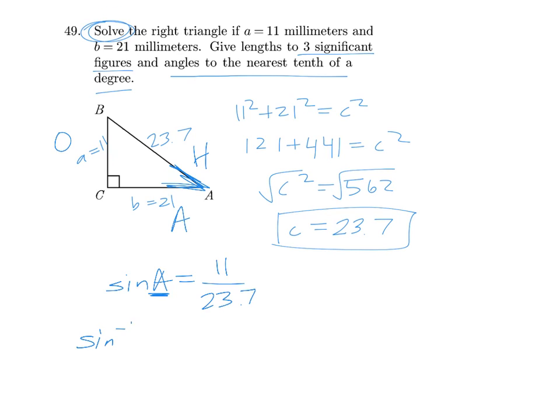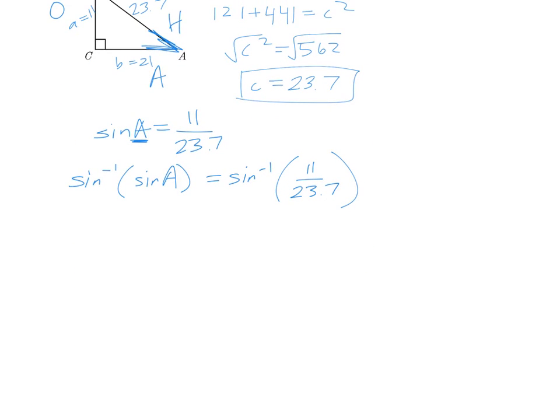So I take the inverse sine of both sides. That's the tool we use when we want to isolate the angle measurement. So now I have measurement of angle A is equal to 27.6 degrees, rounding it to the nearest tenth. All right, I got that.